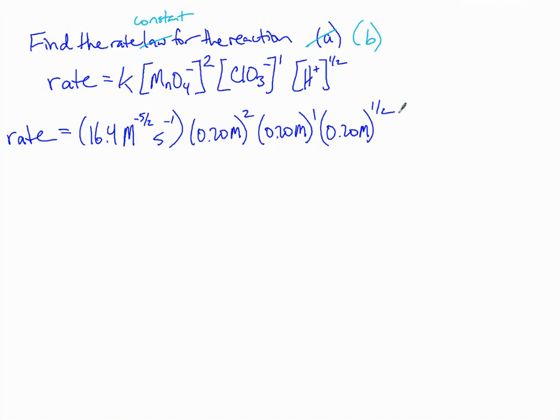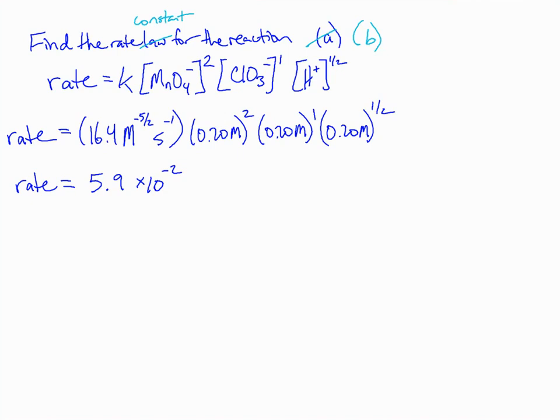And so we're going to put this in our calculator. And we should come up with rate equals 5.9 times 10 to the -2. And then some units.